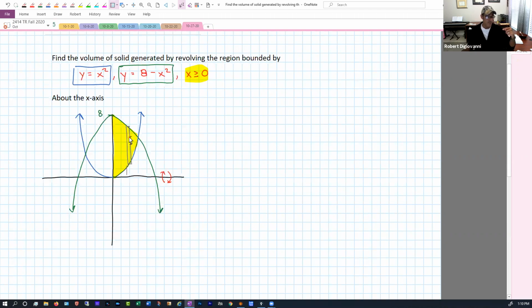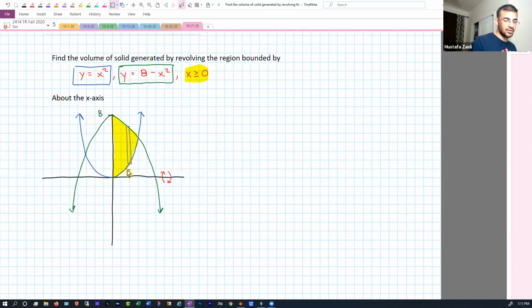So right now, if I do a vertical rectangle, this makes sense because the function on top and the function on the bottom are different functions, right? So the thing that's dictating the top edge and the bottom edge are different functions, right? So this is very much like finding area, except our formula is going to be different. I don't know if that's addressing your question. Yes, I understand that. Don't worry. We're about to turn these things sideways, all right? We are going to have to do that, but one step at a time.